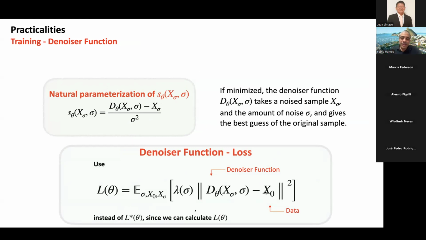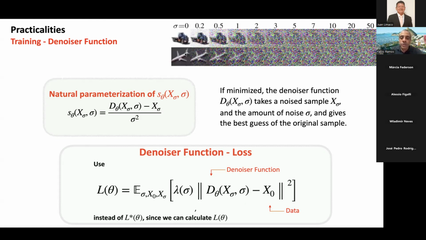I start with my Chihuahua, my X0, and I add a lot of noise to the level sigma. What this function is trying to do is get back to the original Chihuahua. I'll do this for another dog, and then another dog. If I do this for lots of dogs and lots of noises, then I will learn the score, because then I plug it back here, and I just know the score. So this is the idea.